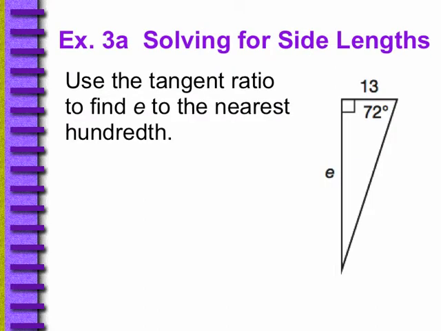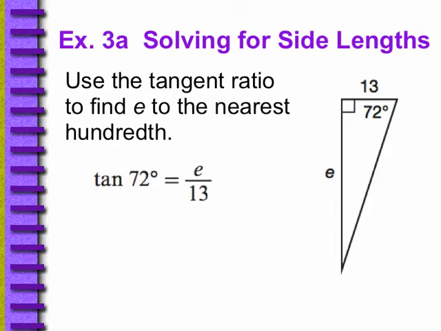So we can use a calculator to also help us solve more challenging problems. Here we have an example of a right triangle. The 72-degree angle is given, and we're asked to find E. We're given a hint: if we use the tangent ratio, we can find E. So think about tangent, right?